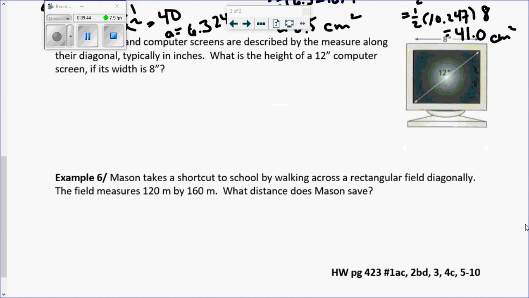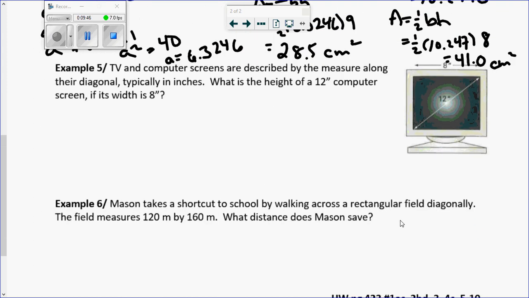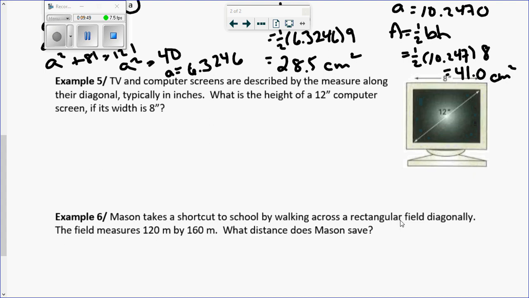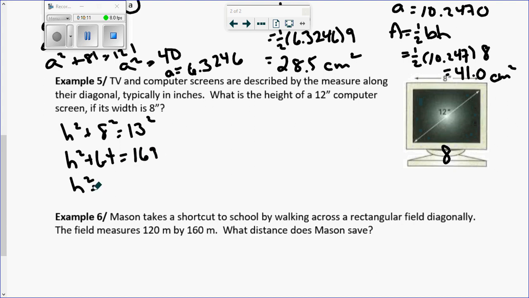Okay. Well, I do have another example in here. What is the height of a 12-inch screen computer if its width is 8? So height... Let me just do this. Ah, we did just do that.